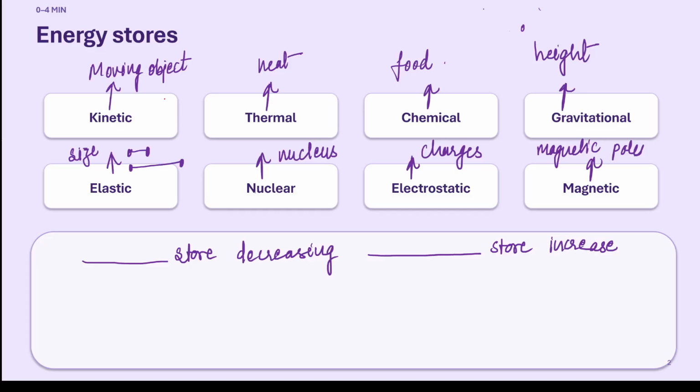All right, another one. My car speeds up. Which energy store? The chemical energy store of the fuel decreases, and the kinetic energy store of the car increases.